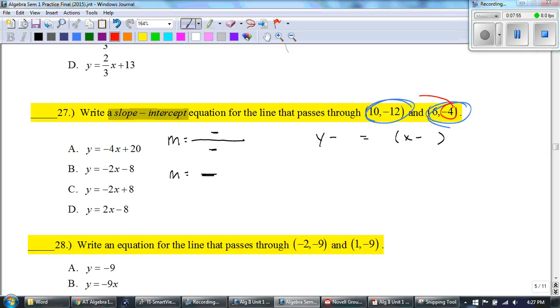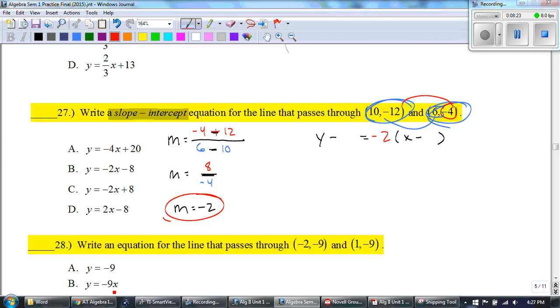So just remember the y's go on the top, -4 plus 12. And on the bottom, we have 6 minus 10. Okay, so the top -4 plus 12 is 8. 6 minus 10 is -4, which gives us a slope of -2.